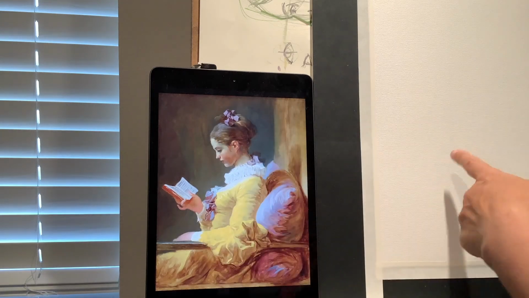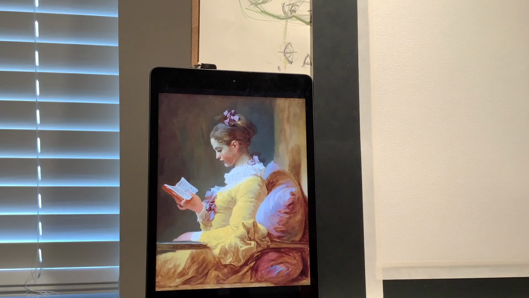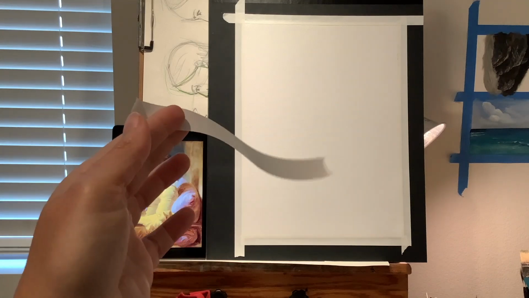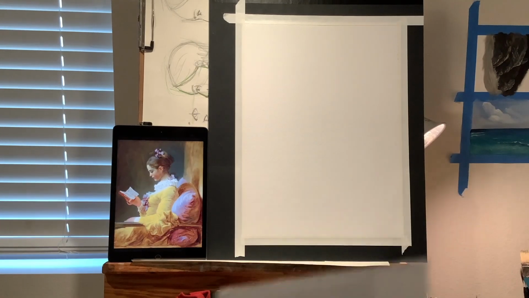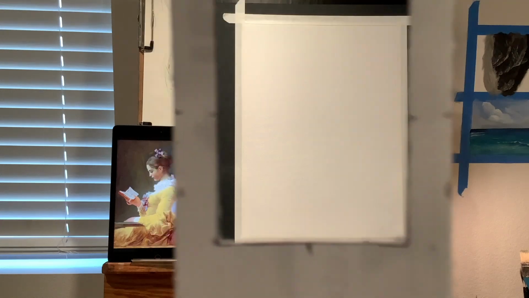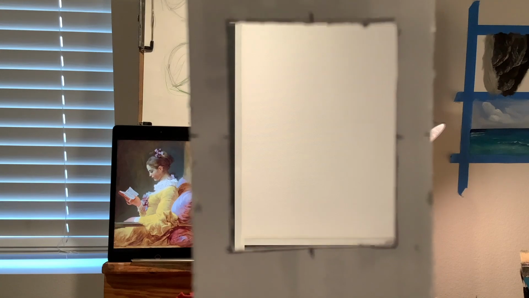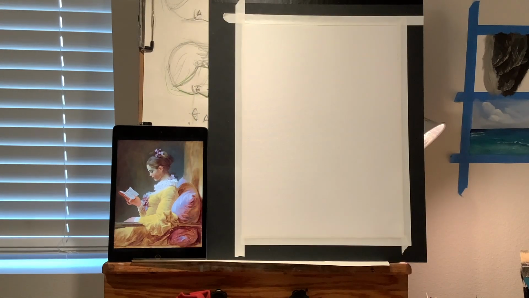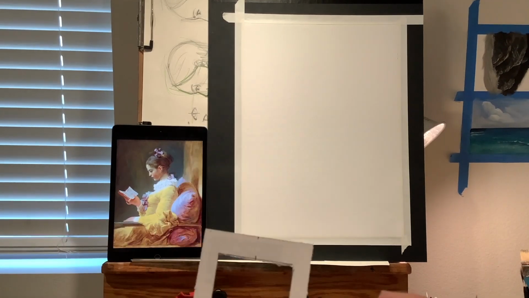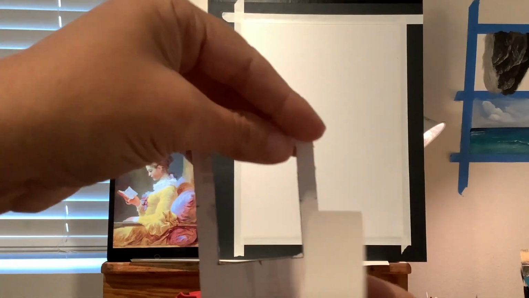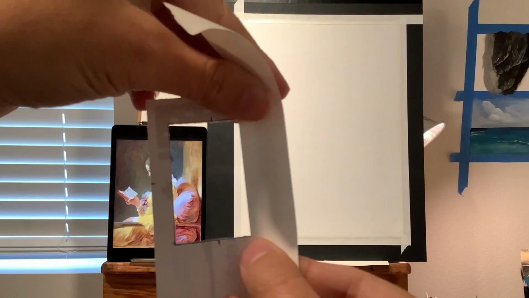If you have one of these and you want to change the proportions of it, there's an easy fix. I have a piece of tape. It doesn't have to be white. It could be any color of tape. Now, you can see that if I put this window on there, it's pretty much the same size. If you had a 16 by 20 inch canvas, you could visualize this through there, and if you want a slightly different proportion, you can take the tape and go like this.